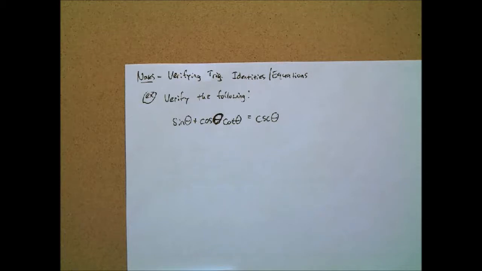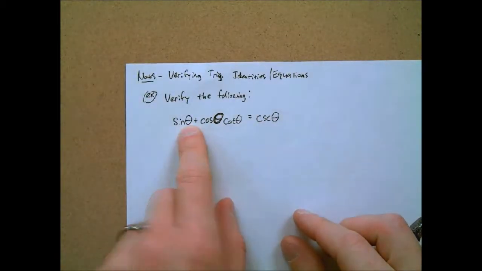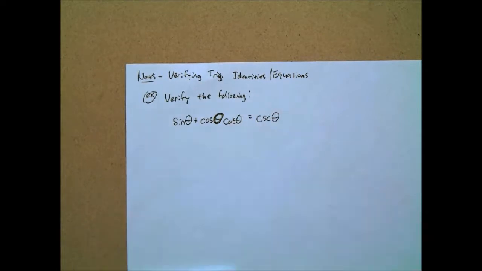We do what we did with our warm-up, where we simplified the trig expressions. We treat this like a trig expression and simplify it to the point we can get it to be cosecant of theta.